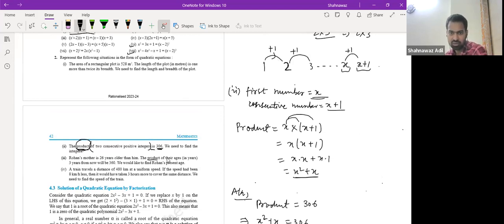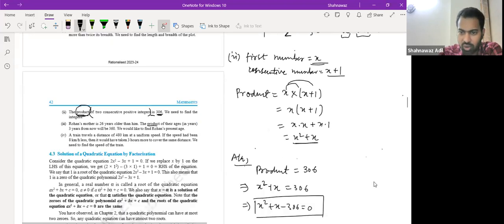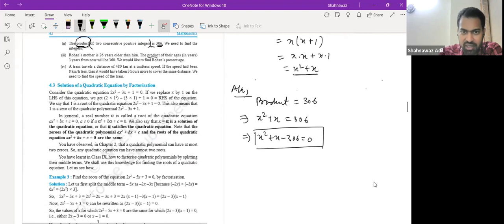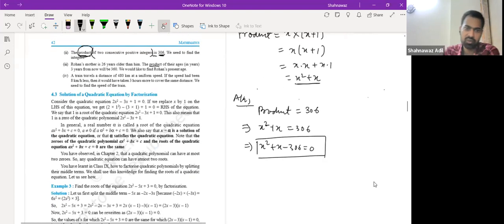There was a similar question in my class test. It was the same question, but we had to actually find the numbers instead of just representing it. To find the numbers, we would do what? We know two methods, right?